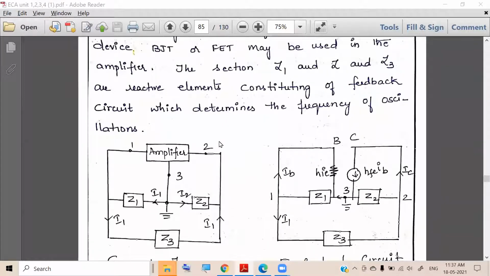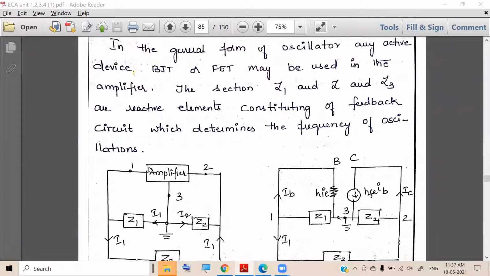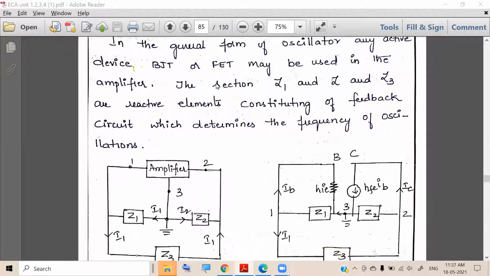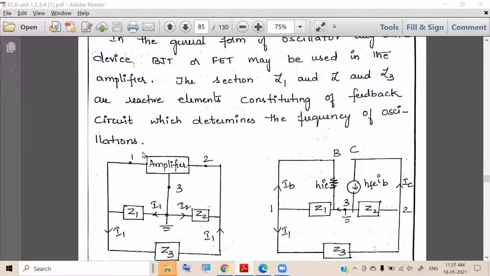In the general form of an LC oscillator, for the amplifier block we can use either a bipolar junction transistor or a field effect transistor. In the Hartley and Colpitts circuits that I have shown, we have considered the bipolar junction transistor in common emitter configuration.